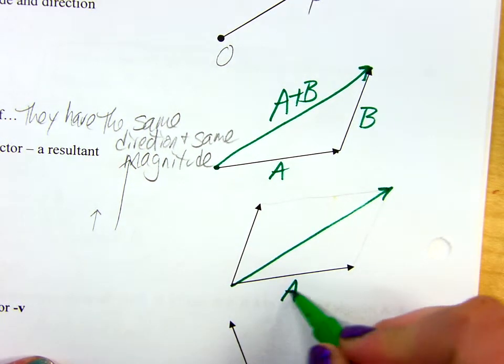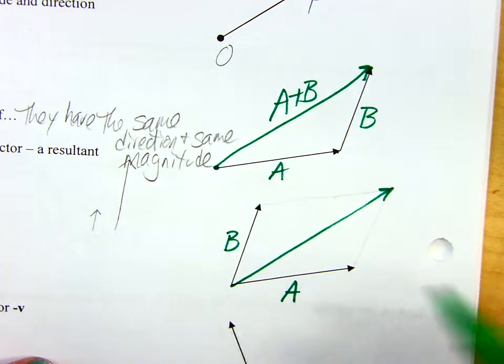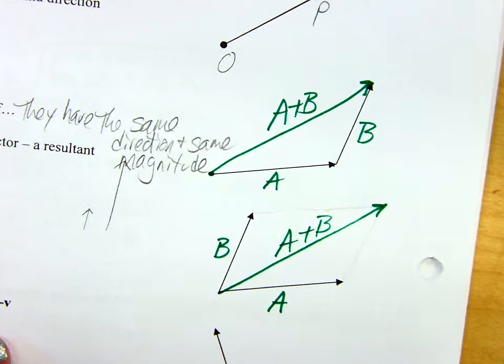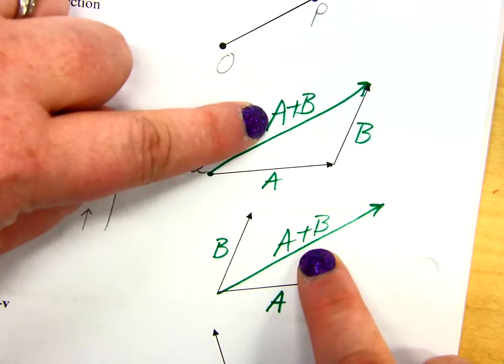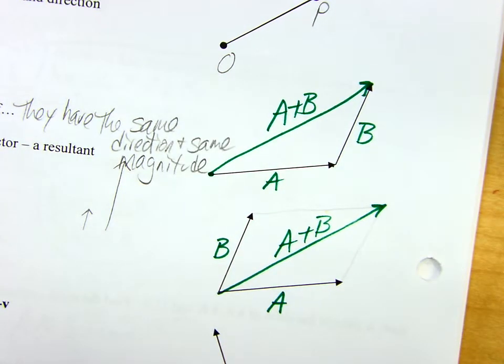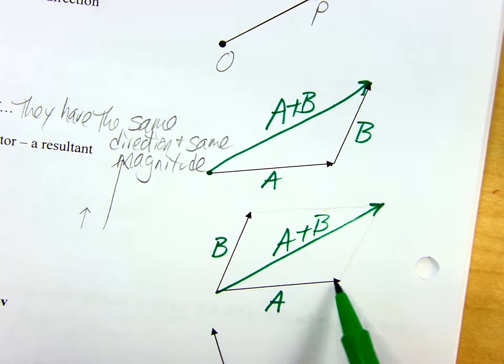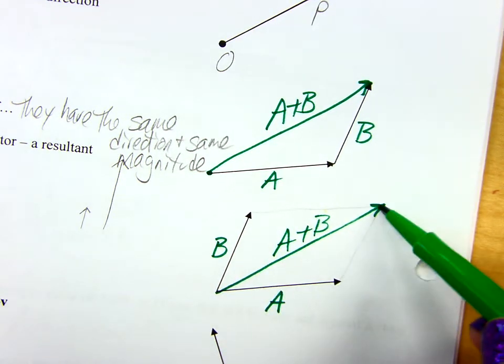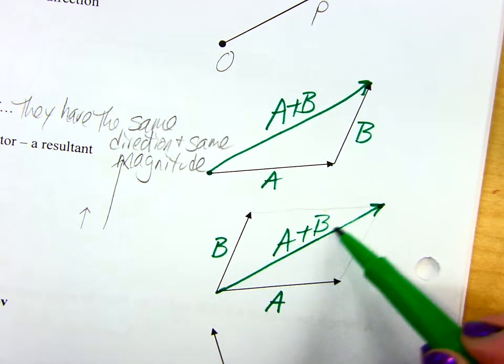So this is still vector A, this is still vector B, so this one is still A plus B. So see, in these two, A plus B ends up being the same thing. It's the same magnitude, same direction, so it doesn't matter if I do the tip to tail method or parallelogram method. How do you know where to draw the parallelogram up to? You're just copying it, so I just copied this one, and then I copied this one over here. So then you just draw it from one diagonal.